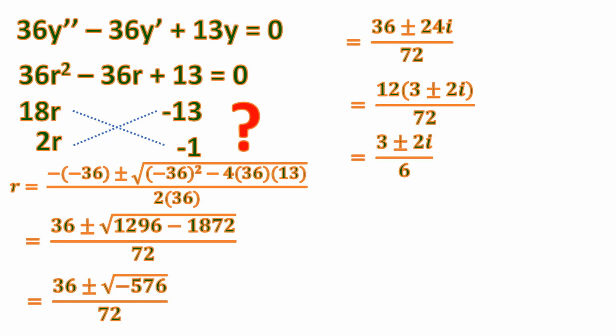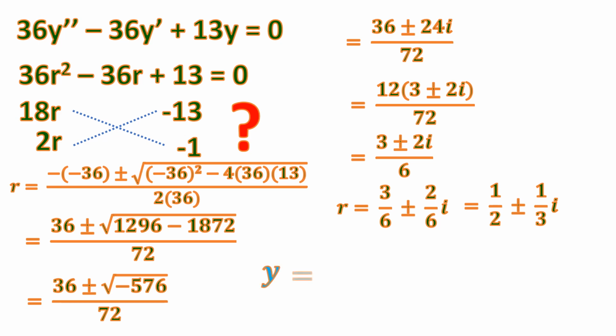And then we separate the two so that we will see the imaginary and the real number. So 3/6 plus or minus 2/6 i, reduce it into 1/2 plus or minus 1/3 i. Now it is a complex number, so we are going to write it in general solution form.